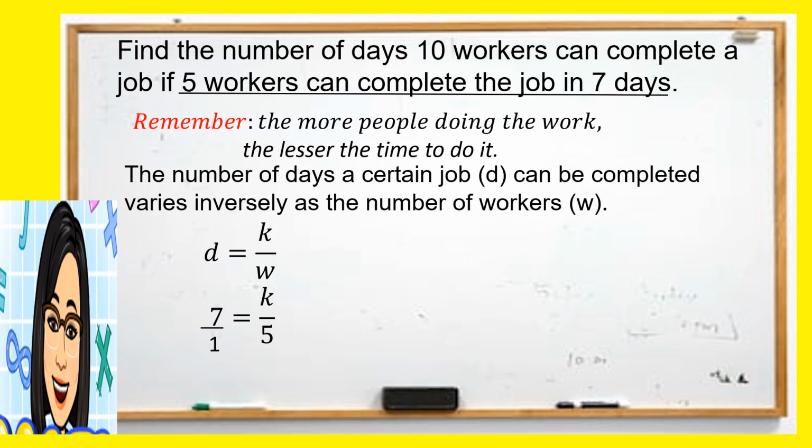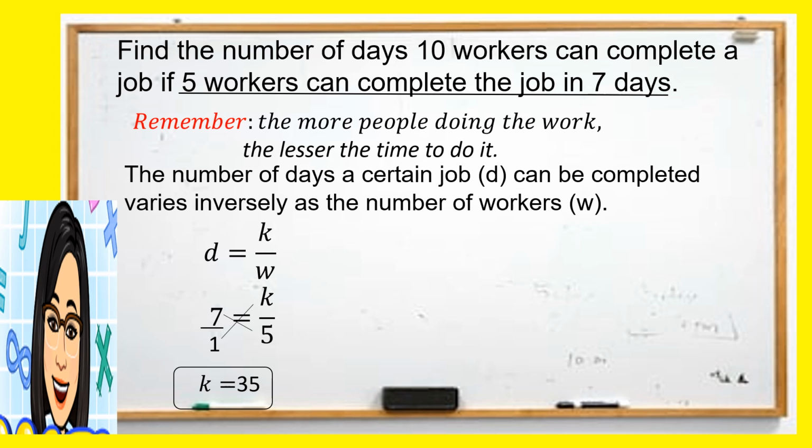Put 7 into fractional form. Then cross multiply. 1 times k is k, and 7 times 5 is 35. So the value of k is 35. This is the constant of variation.